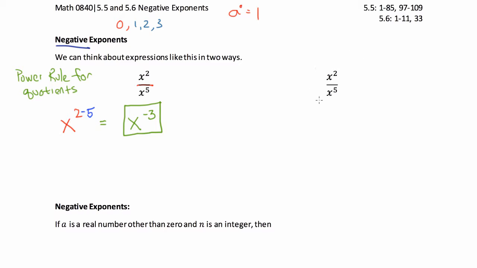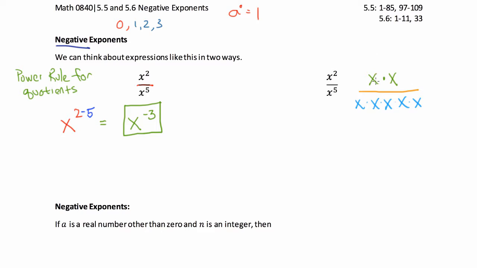Another way, over here, I'm going to think about this using just kind of the old school way, where I have x squared on top, so that's repeated multiplication. I have x times x. Then on the bottom, I have x to the fifth power. That's also going to be repeated multiplication. So I have x times x times x times x times x.